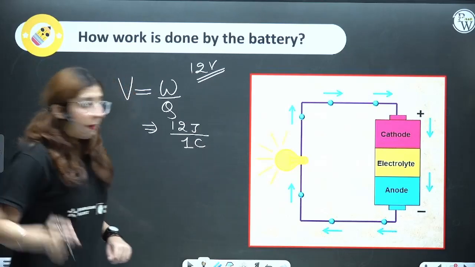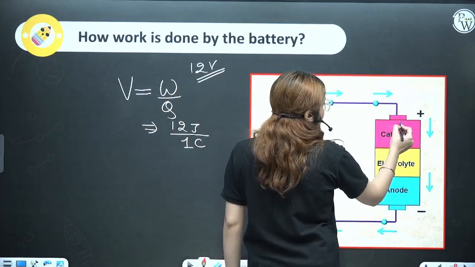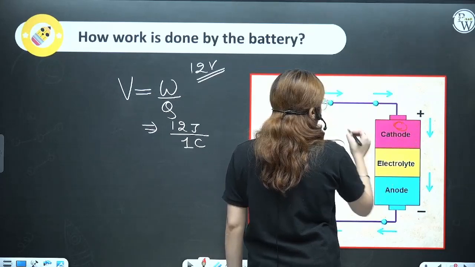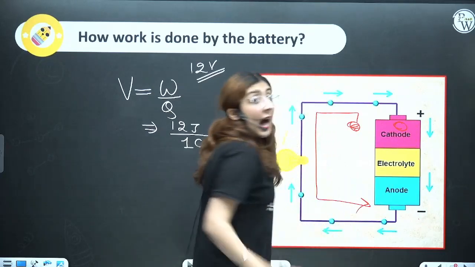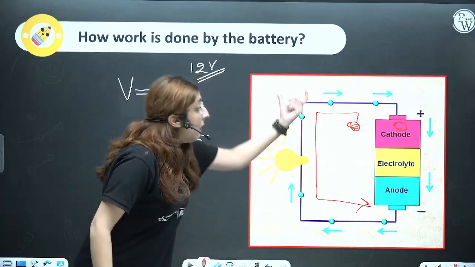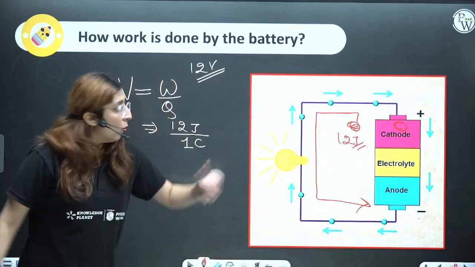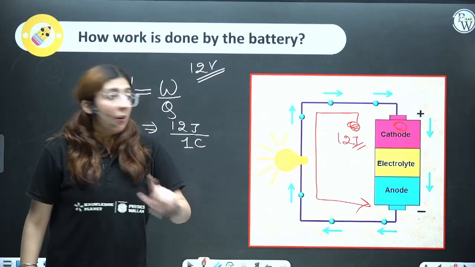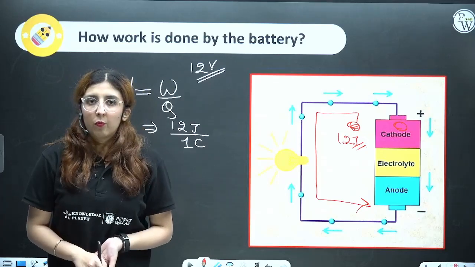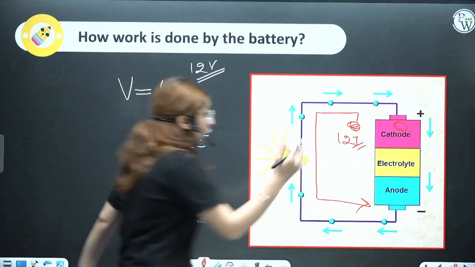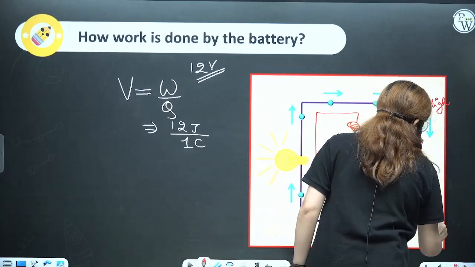That means if I want my charge to move from higher potential to lower potential, 12 joule of work is done on it. Then only the flow will be there, and my electrons are certainly going to move. You are always concerned with higher to lower potential.